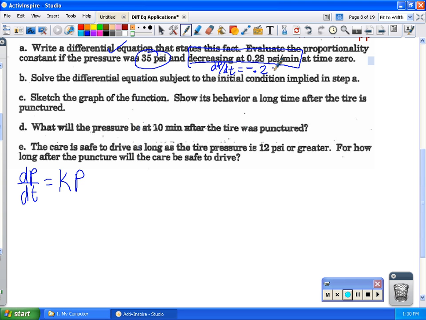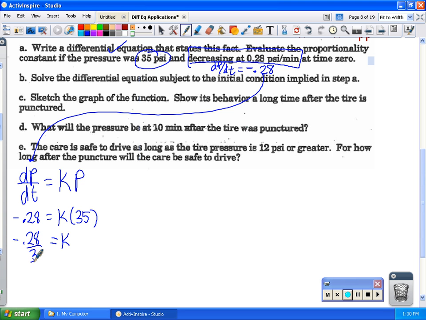Remember, we have to use a negative to indicate that the air is decreasing. So when P is 35, I can substitute my negative 0.28 in place of dP/dt. The pressure is 35, so the constant of proportionality K is negative 0.28 divided by 35.